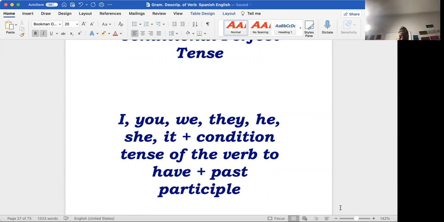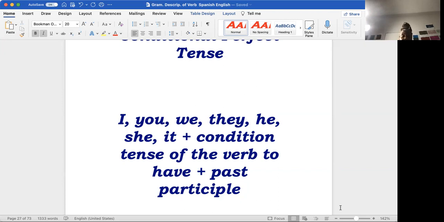Okay, so it's in English. This is the conditional perfect. Well, we already know if you see the word perfect, you're going to have the verb to have. And in what tense you're going to have it in its conditional, because the conditional perfect tells you it's the conditional of the verb to have. Okay, so what's the conditional of the verb to have? Would.